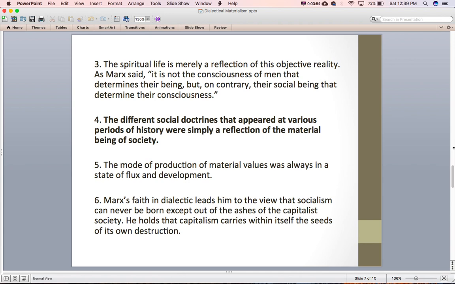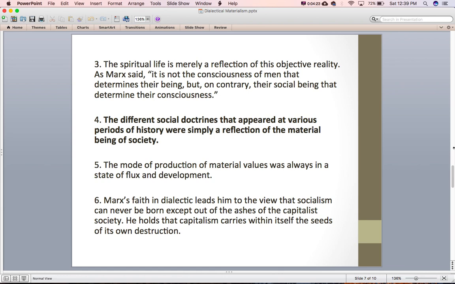Further, the fifth point, Marx says that the mode of production is also dynamic. It develops as thesis, antithesis, and synthesis that we have just recently done. For instance, during feudalism, when there was a conflict between the feudal lords and tenants, that gave way to the industrial class as a vacuum was created. With the coming up of the industrial class, antithesis emerged in the form of the proletariat.